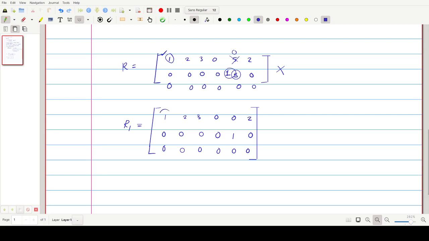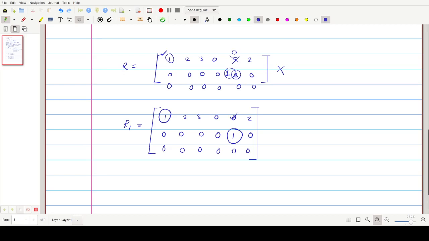Consider the first row: the leading entry should be 1. Consider the second row: the leading entry should again be 1, and this is a zero row. For all non-zero rows, the leading entry is the first non-zero entry, and the leading entry is 1, okay. All the entries in the column corresponding to a leading entry should be 0.